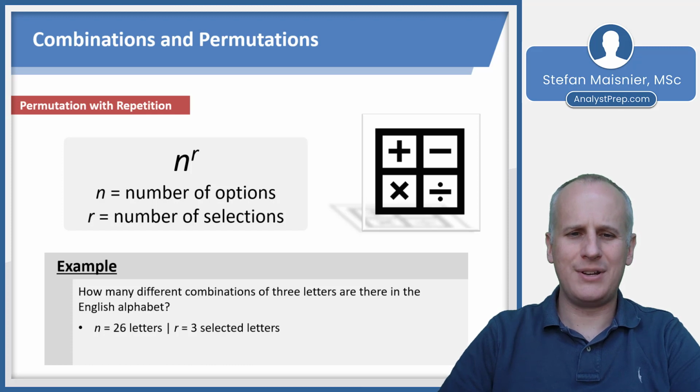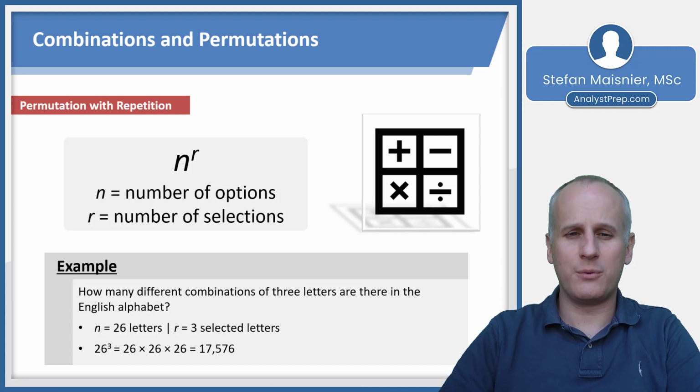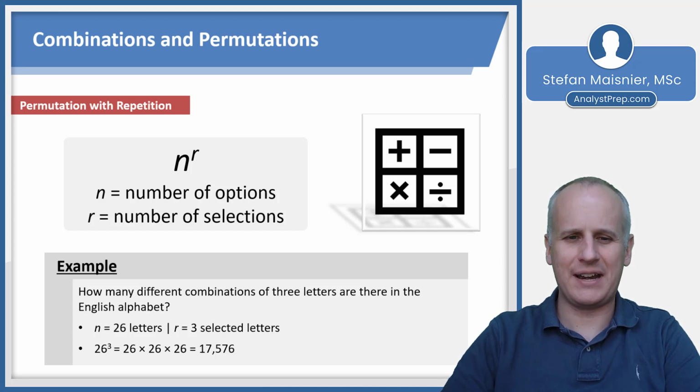We have 3 selections, and it's just 26 to the third power, or 26 times 26 times 26 would be 17,576, because we don't take away one of the letters, and we know that AAA is one acceptable option, and BAA is different than ABA, even though they have the same actual values chosen. So simplest is a permutation with repetition.